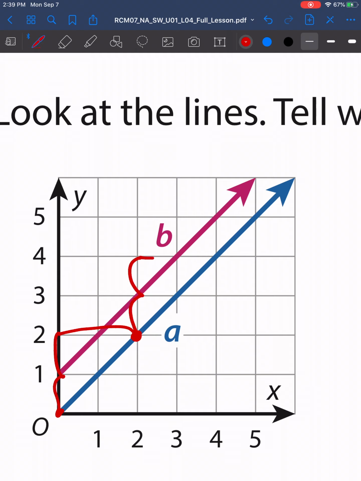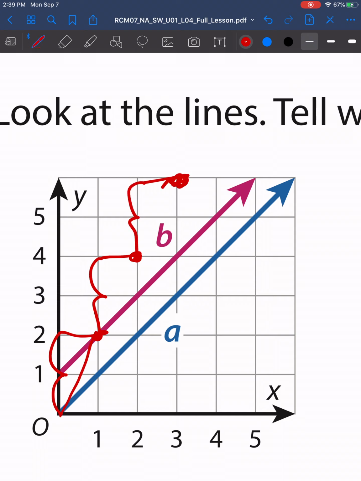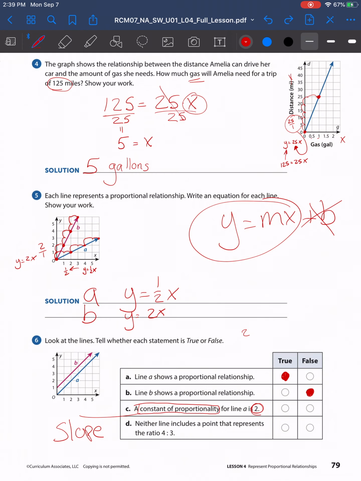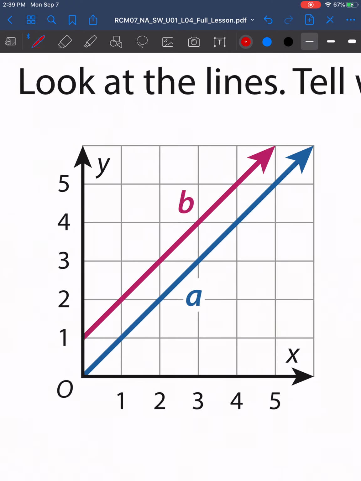Oh my gosh, you guys. Does my blue line do that? Heck no. So my correct answer is no, it's not. What is the slope of A? The slope of A is up 1 over 1. So slope is 1.